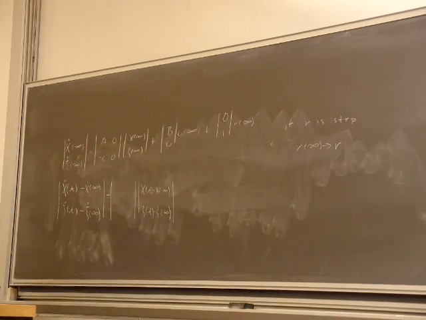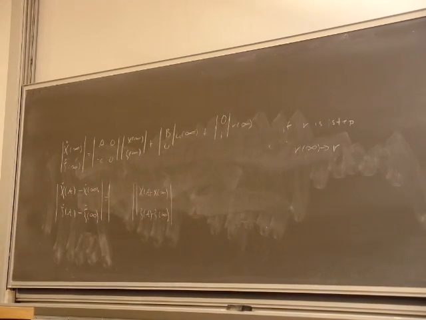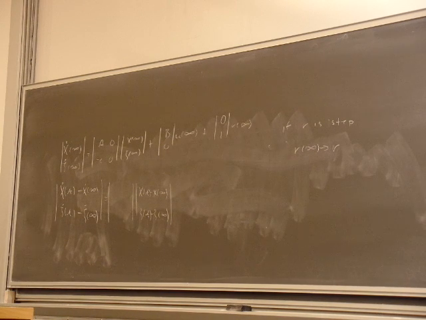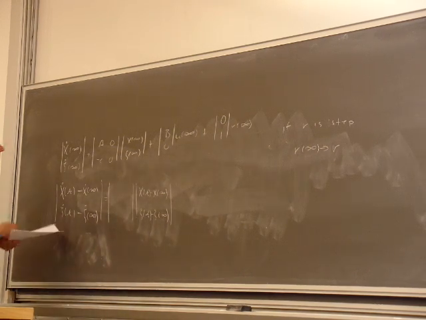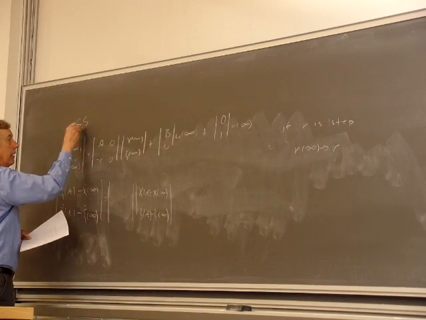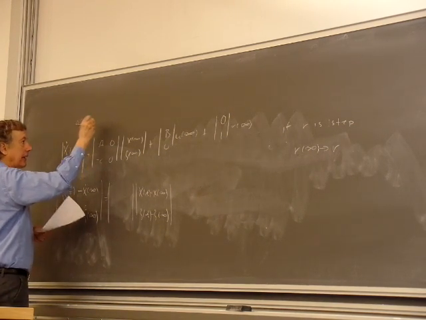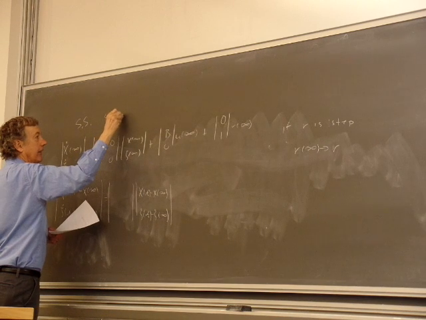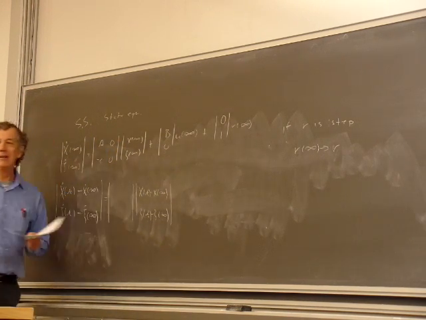Student: When you say x of infinity or u infinity, is that the value at infinity? Essentially the value at infinity. So a steady state value? The steady state value. These are the steady state equations.